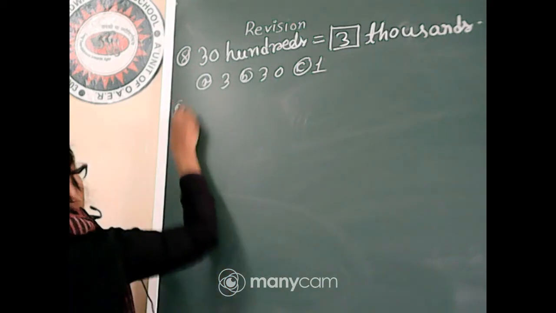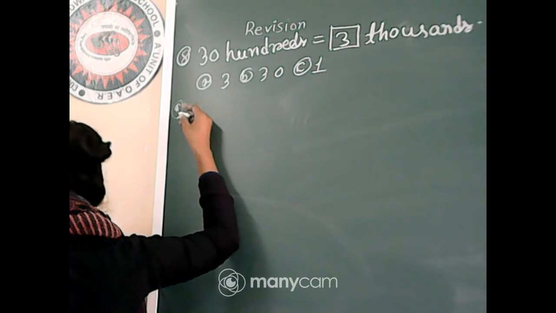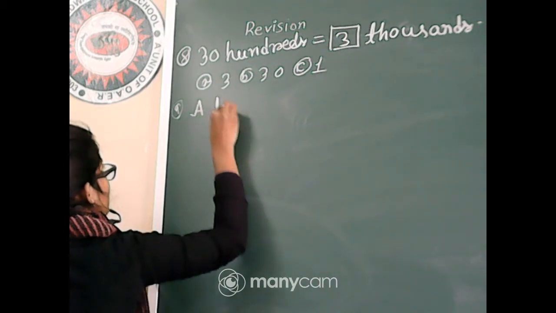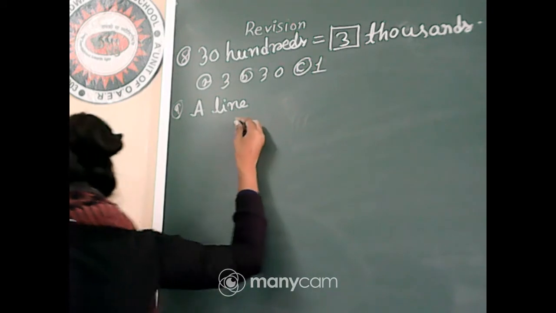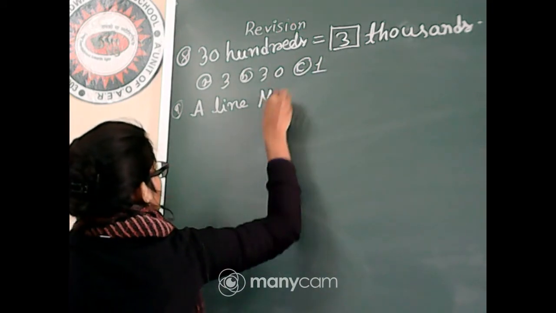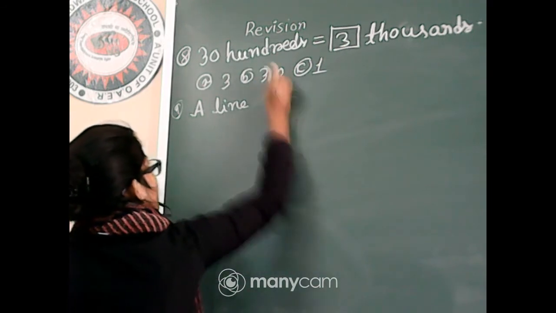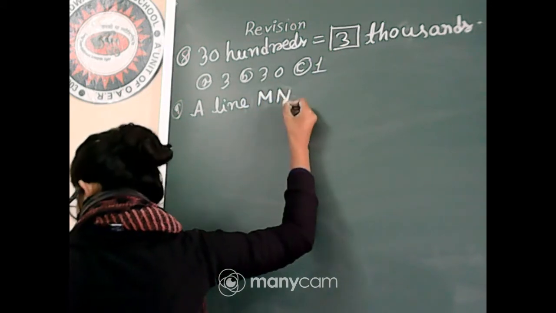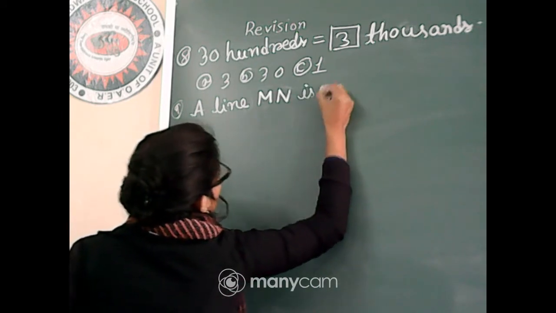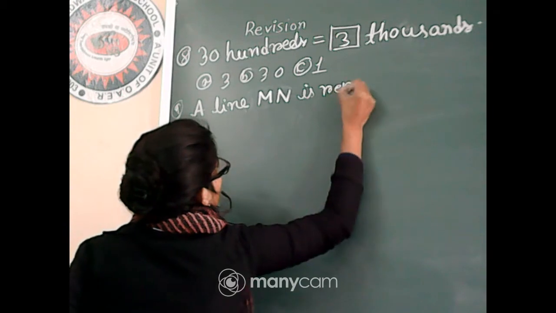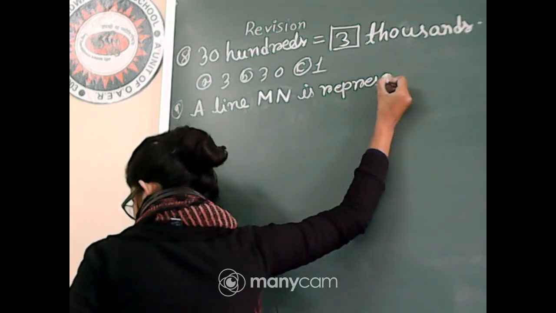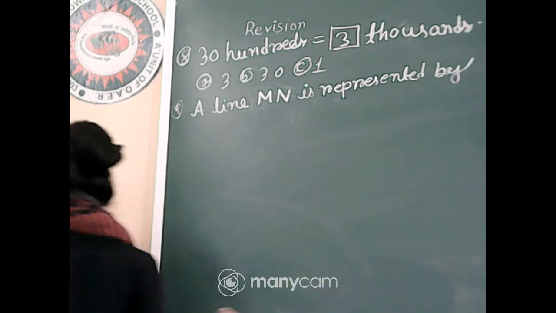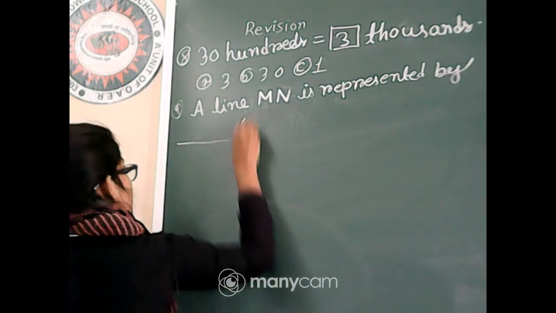So this is number 9. A line MN is represented by dash. How?